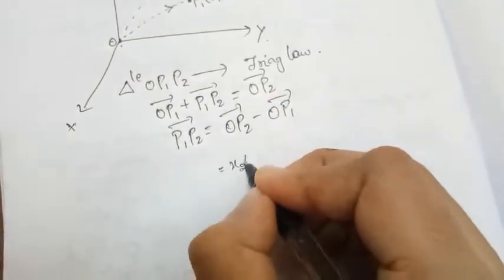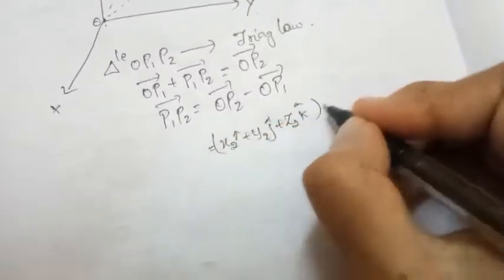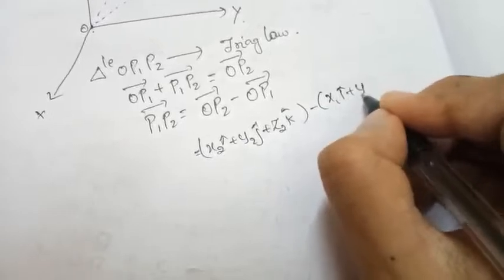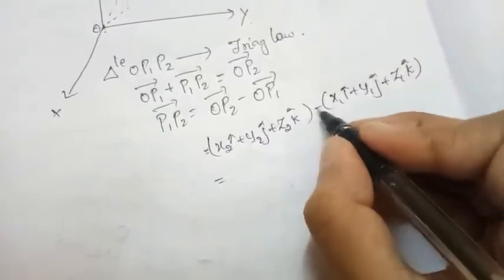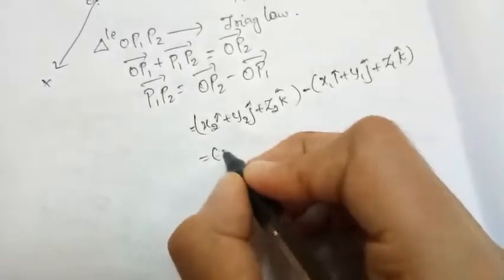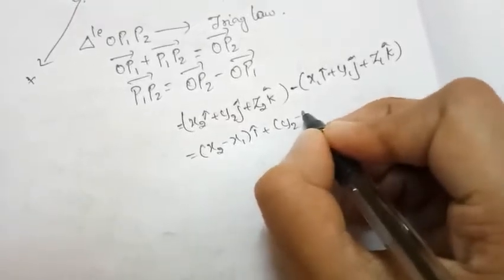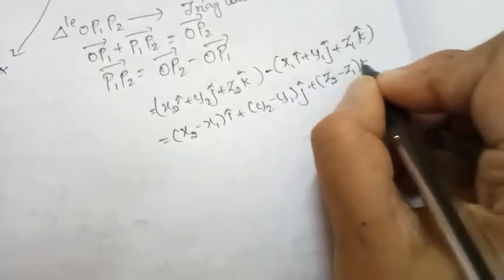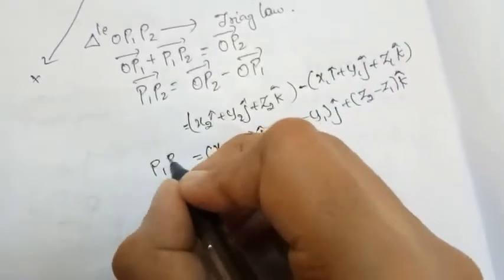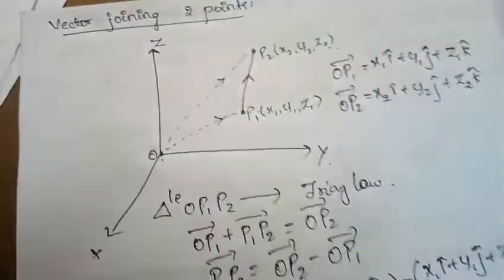So it becomes (x2 i cap plus y2 j cap plus z2 k cap) minus (x1 i cap plus y1 j cap plus z1 k cap). Since it is the difference of these two vectors, again I will compare the corresponding components, that is (x2 minus x1) i cap plus (y2 minus y1) j cap plus (z2 minus z1) k cap, which is nothing but vector P1P2, the vector joining 2 points.